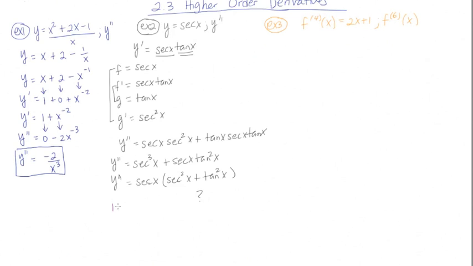And I believe it's 1 plus tan squared is equal to secant squared. And there's really no way I can get this to look like that. So while it was a good thought, we're not going to use it. So the reality is that this is our final answer right here.